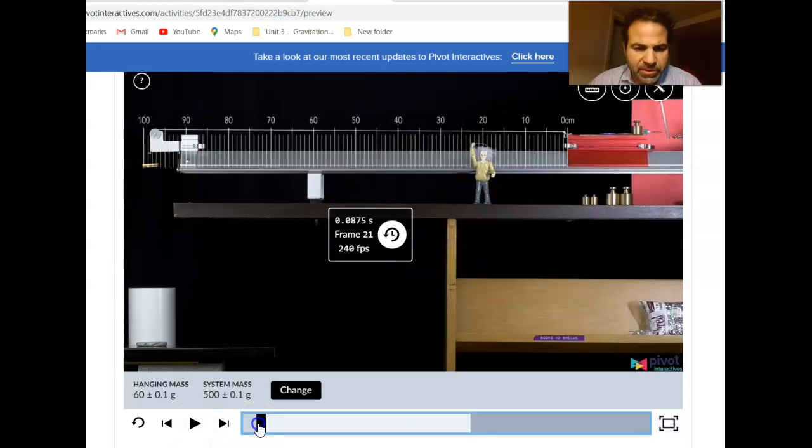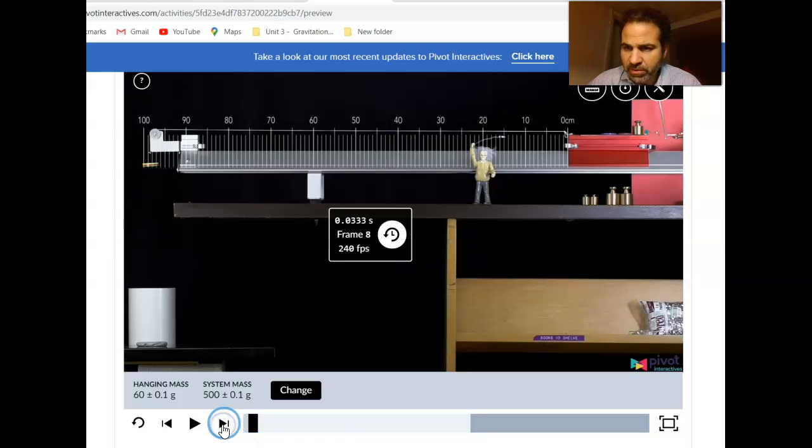I want to go back to the moment when I can see that the string is cut. So I'm going to go frame by frame. Okay, I can see it's cut right there. Now I'll reset my clock and start collecting data. I'm going to measure how long it takes to go 30 centimeters.